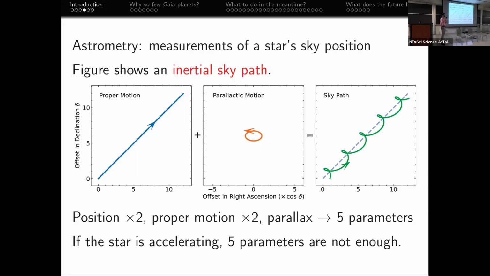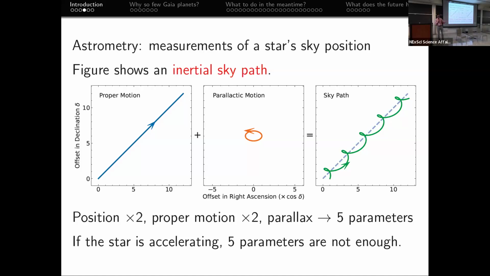The amplitude of that motion is called the parallax. The closer the star is, the more it appears to move relative to distant background sources. Put them together and you get a sky path like the one on the right. So that's what an inertial sky path looks like, and you need 5 parameters to describe it: 2 positions, 2 proper motions, and 1 parallax.